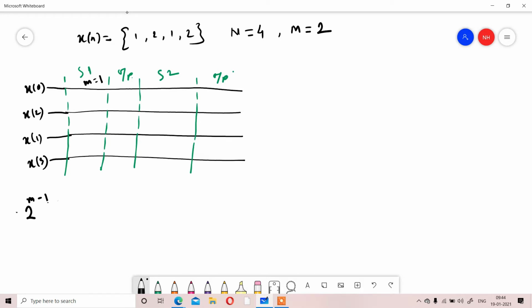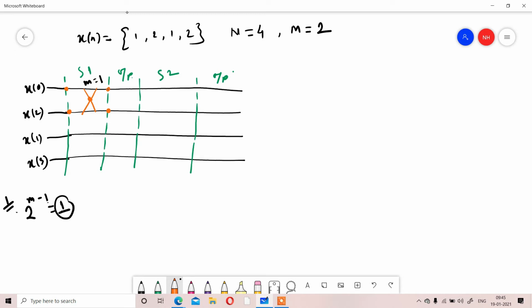So obviously for stage 1, if we replace small m by 1, 2 to the power 1 minus 1, 2 to the power 0 means it will be 1 for stage 1. That means bit separation will be 1. So obviously first bit will be connected to that bit. So that will be your first butterfly, and that will be your output with respect to the first butterfly.